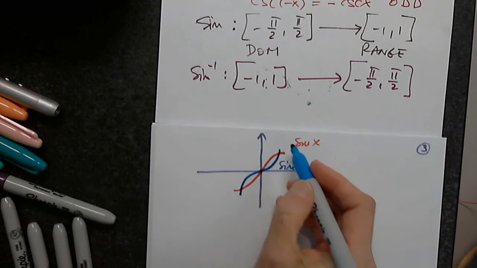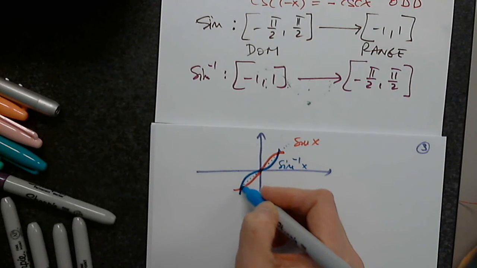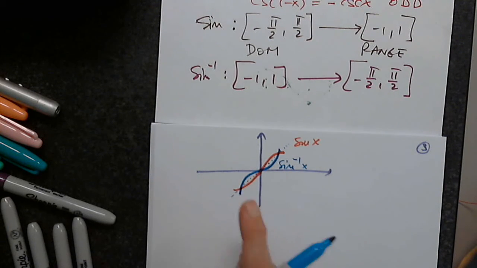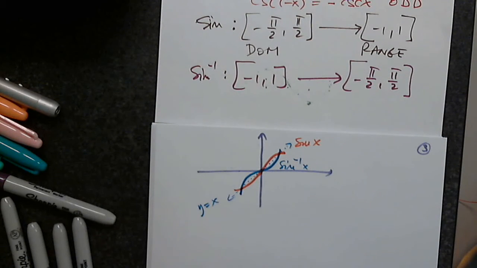Of course, the two graphs will always be symmetric with respect to what? Careful, the two graphs. y equals x. Yes. They have to be symmetric with respect to y equals x. Very good.